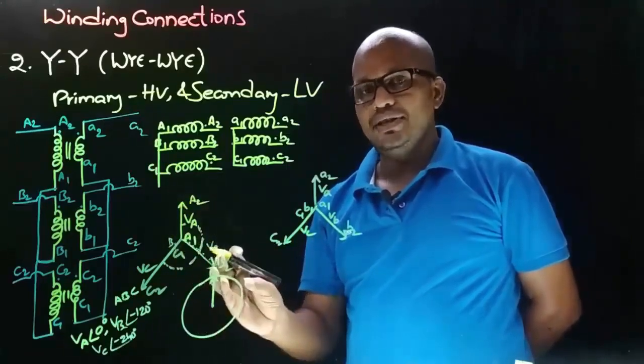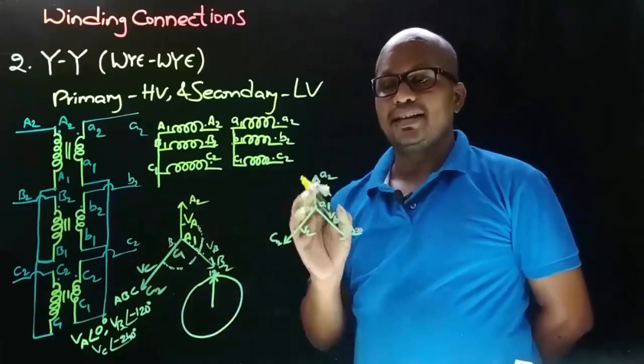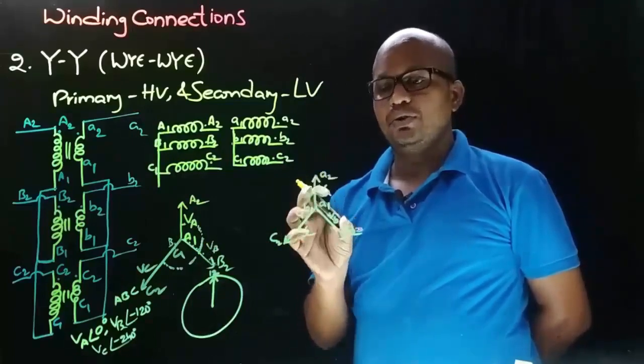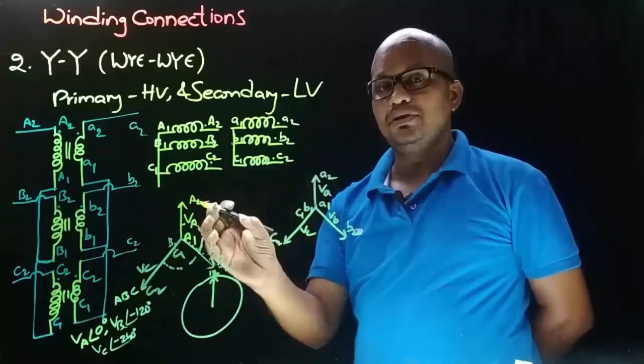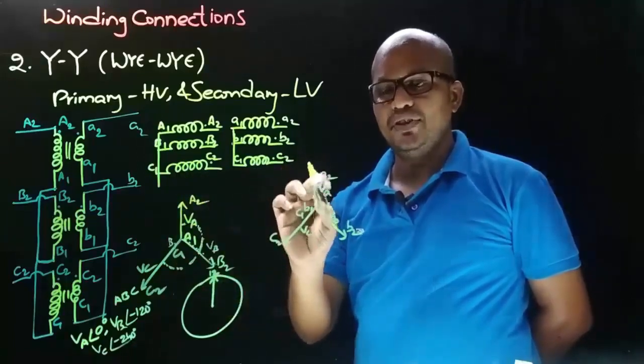So always the minutes needle is shown pointing towards 12, and secondary side phase to neutral voltage is represented with hours needle. So let's first superimpose this diagram on this diagram and observe the primary side phase to neutral voltage and secondary side phase to neutral voltage.